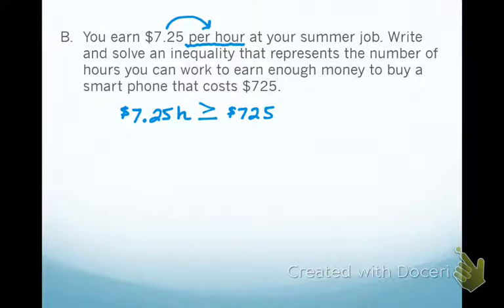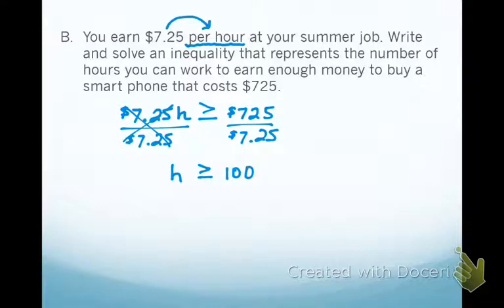No. How do I get that variable by itself? Divide by $7.25 on both sides. You guys try to do that on your own. All right, so we know the left side cancels out. H is greater than or equal to what, guys? 100.